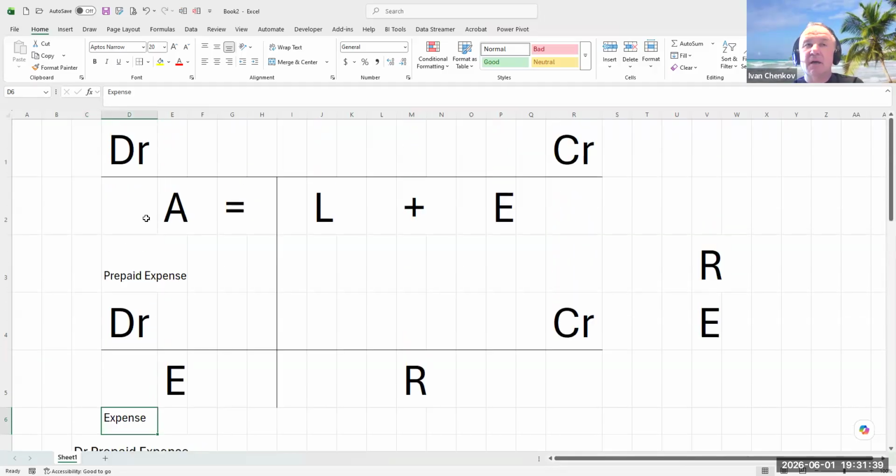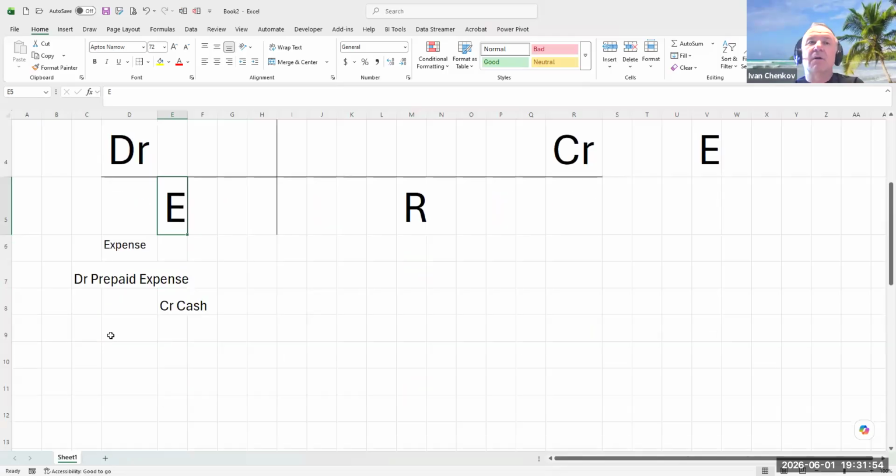So watch this. When it's prepaid expense on the debit side, you can only flip it to another debit side. The only option that you have is expense. There's nothing else. Now, how can you flip from debit prepaid expense into expense? Well, you're going to credit the prepaid expense and debit the expense.